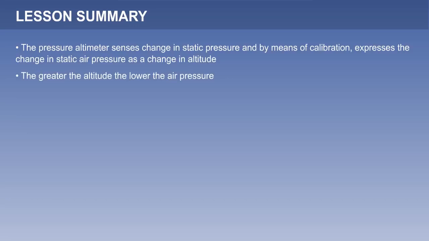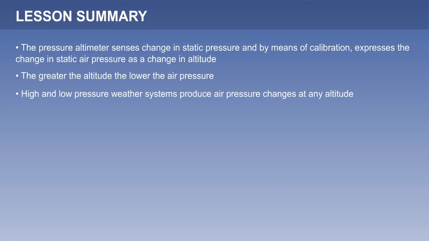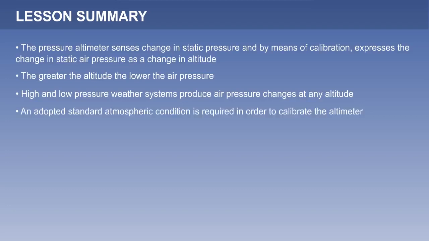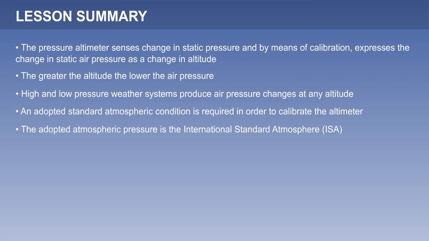The greater the altitude, the lower the air pressure. High and low pressure weather systems produce air pressure changes at any altitude. An adopted standard atmospheric condition is required in order to calibrate the altimeter. The standard atmospheric pressure is the International Standard Atmosphere, ISA.